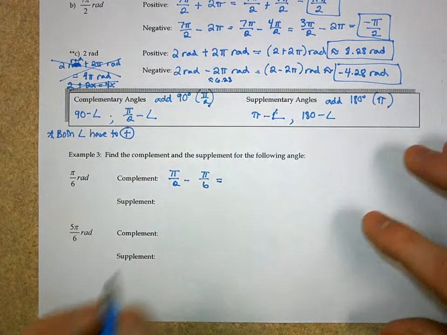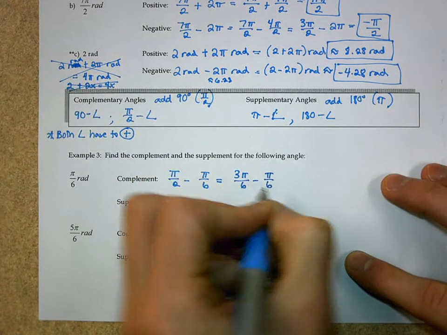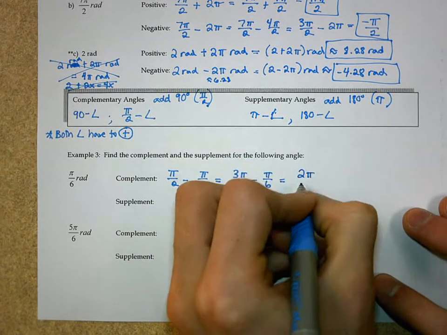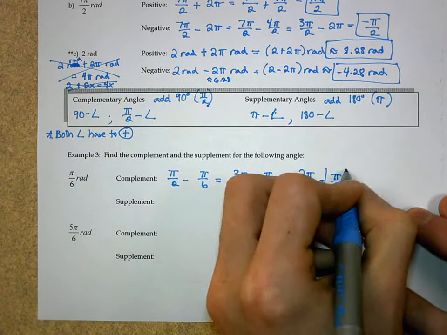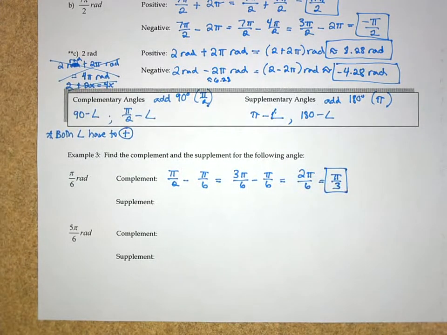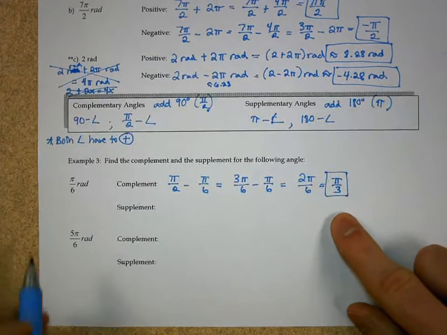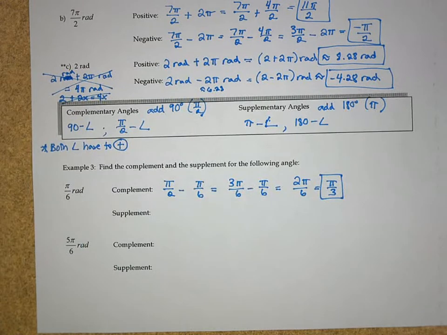And then I'll find a common denominator, 3 pi over 6 minus pi over 6, which gives me 2 pi over 6, which finally reduces to pi over 3. So pi over 3 and pi over 6 are complementary angles. If I add those two together, I get 90 degrees, or pi over 2 radians.